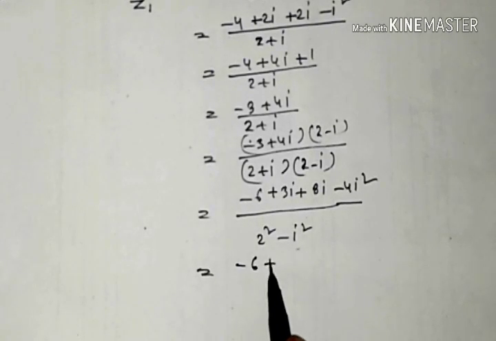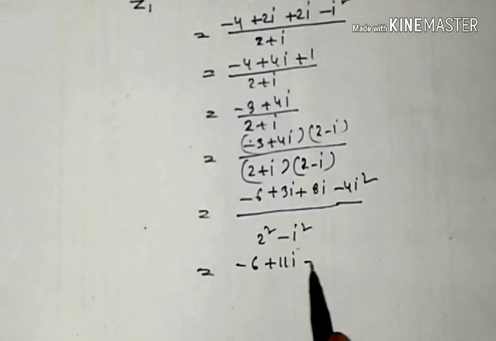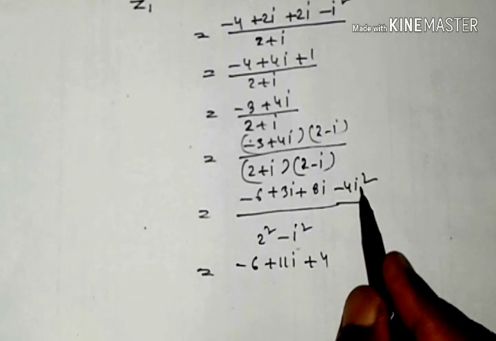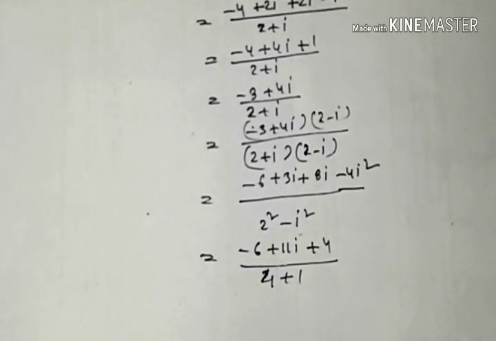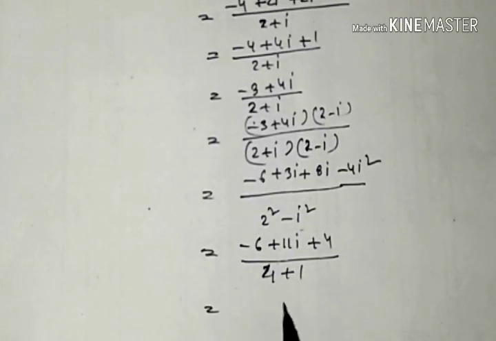This is minus 6 plus 11i, this is plus 4 because i square is there. Therefore, the denominator is equal to 4 plus 1. This is minus 6 plus 4, this is minus 2 plus 11i, over 5. We can write this as minus 2 by 5 plus i 11 by 5.